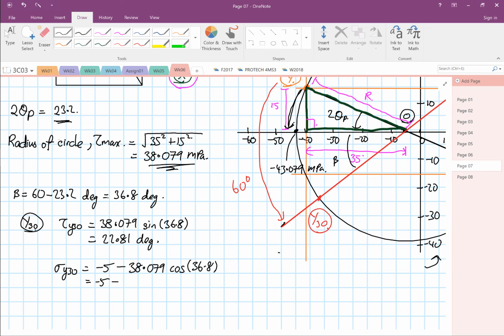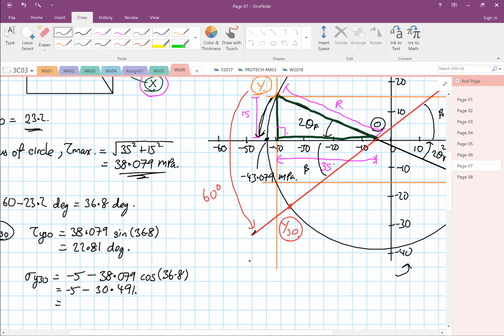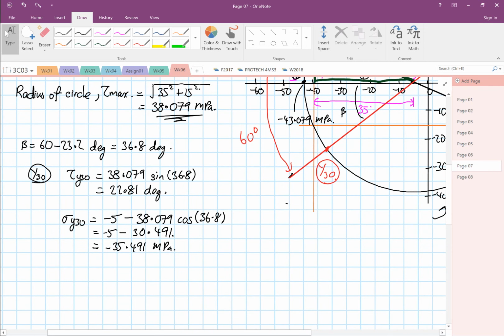Okay, so this is 30.491. So your normal stress is equal to minus 35.491 megapascal.